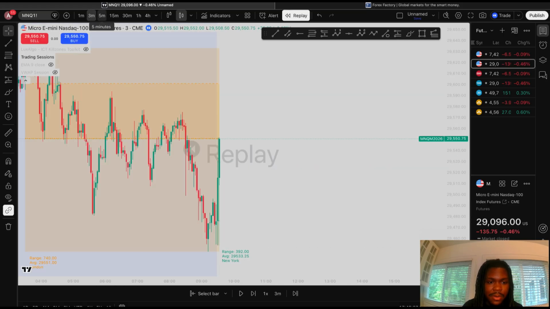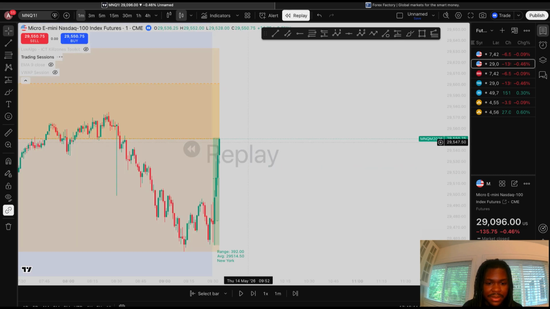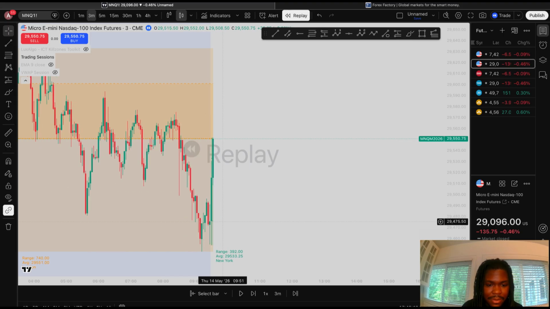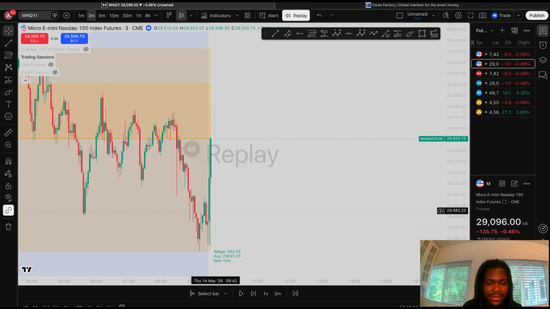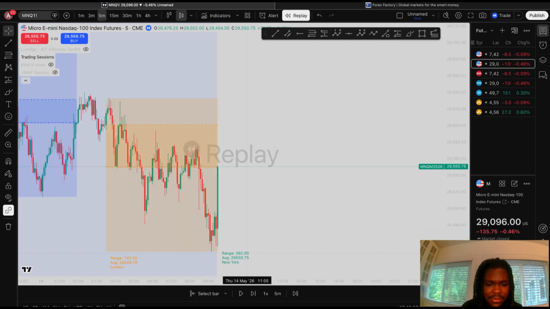So now what am I looking for? I'm looking for confirmation. I'm looking for an inverse fair value gap, which we got on the 3-minute here. And I'm looking for a fair value gap to be produced by price.